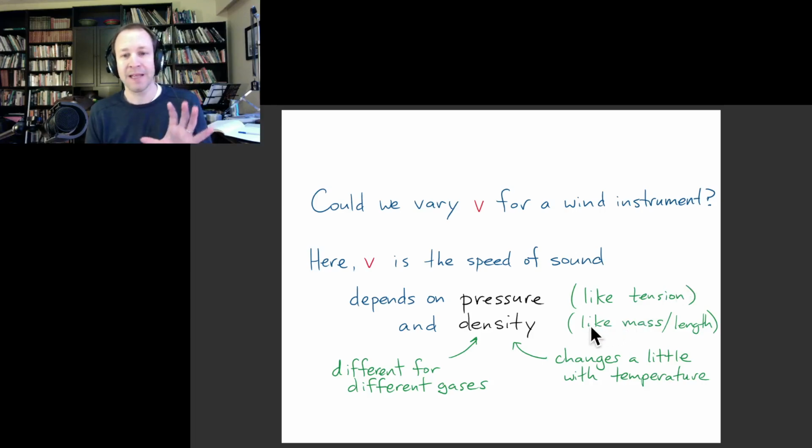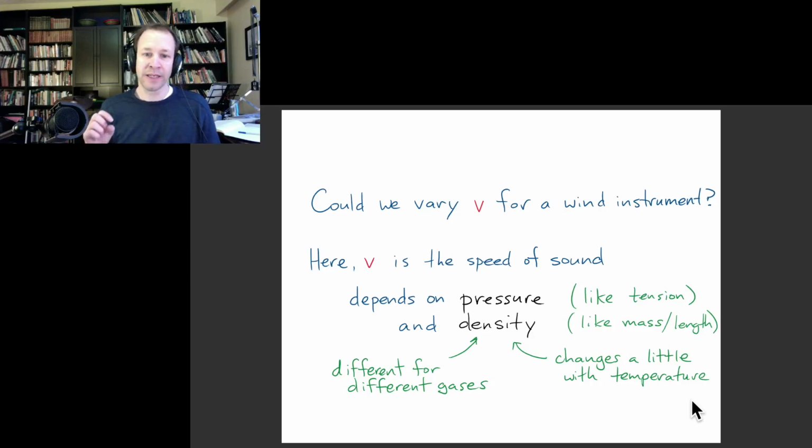The pressure on Earth varies a little bit, so that has a small effect on the speed of sound. The density varies a little bit more, and the main thing that affects the density is the temperature of the air.